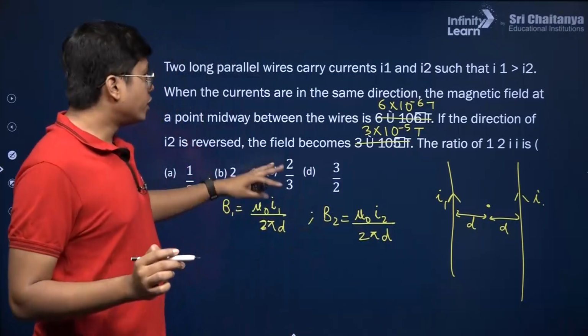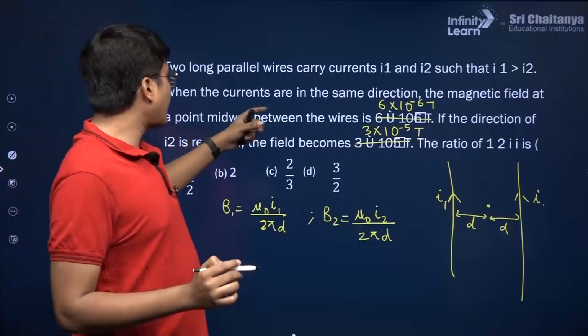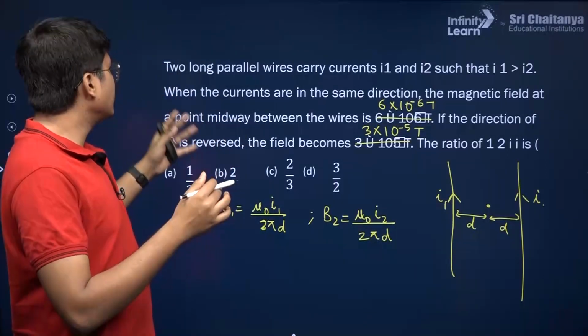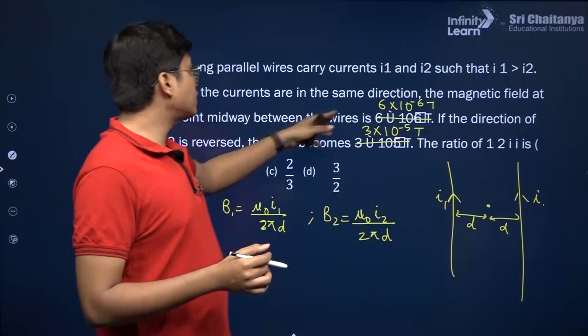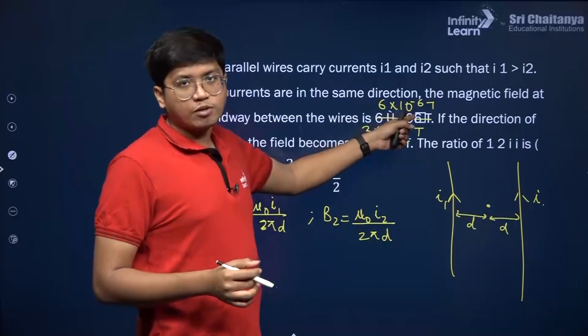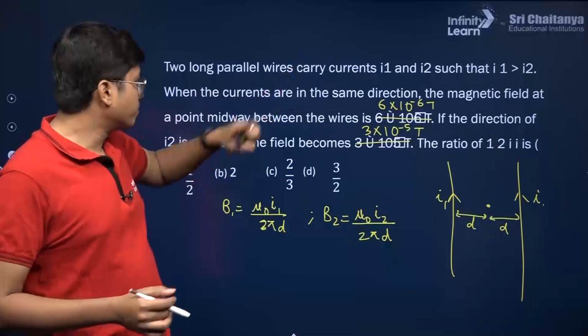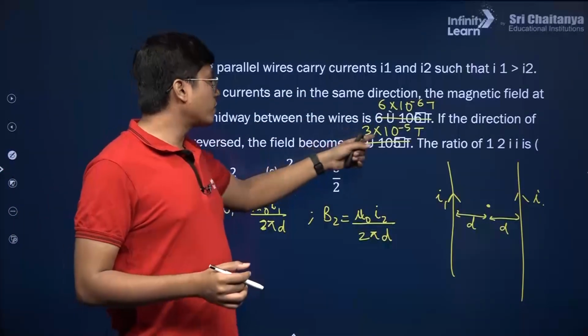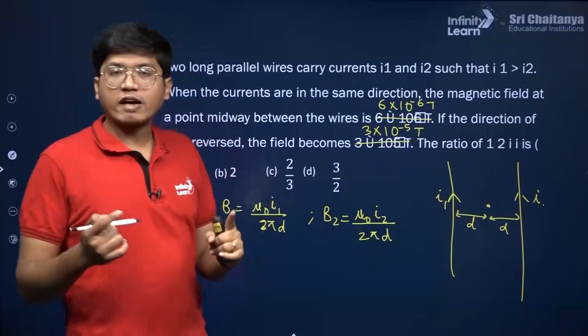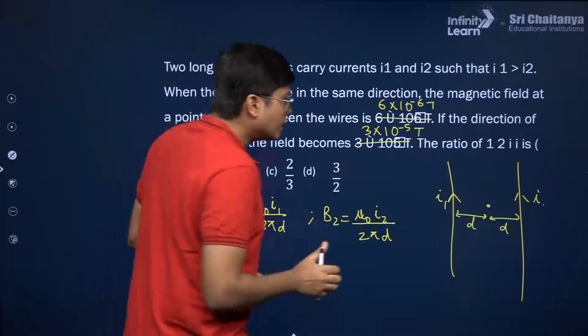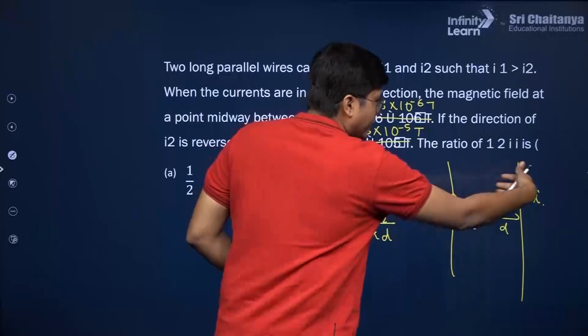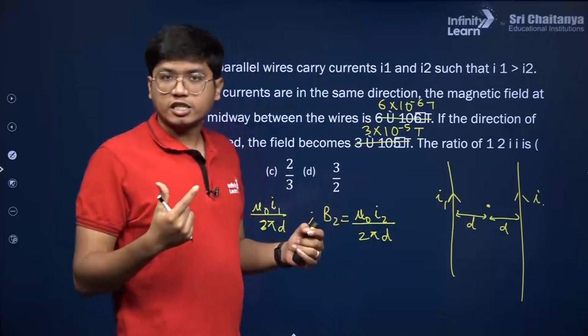Right? Now originally here it says that when both of them are in the same direction, magnetic field at a point midway between them has the value 6 into 10 to the power minus 6. In the second case, if one of them is reversed, it is 3 into 10 to the power minus 5. Now in the same direction, we know that the magnetic fields are actually cancelling each other out.